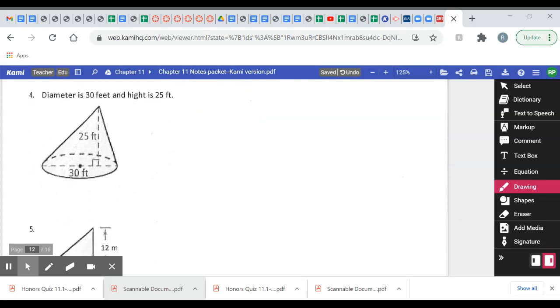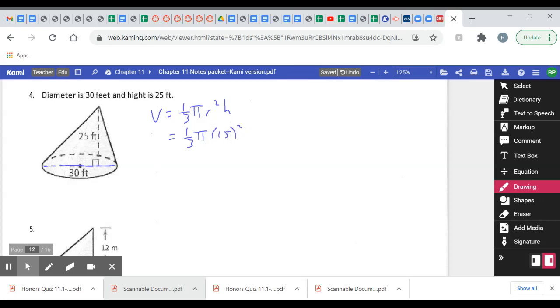All right, on number 4, the diameter is 30 feet and the height is 25 feet. So again, same formula, 1/3 pi r squared h. In this case, you can see this dotted line goes all the way across, that's the diameter. So half that is the radius, which is 15. We can square that.